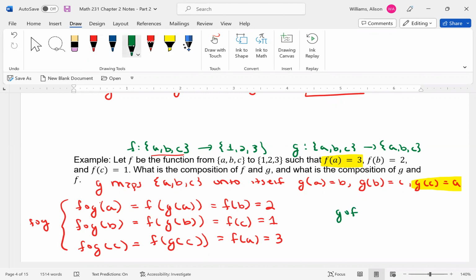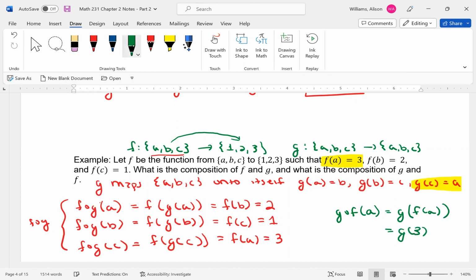That's actually a problem because F maps A, B, C into 1, 2, 3, but G starts with A, B, C and ends in A, B, C. So if I try to do G composed of F of A, I would get G of F of A. F of A is 3, which is 3.